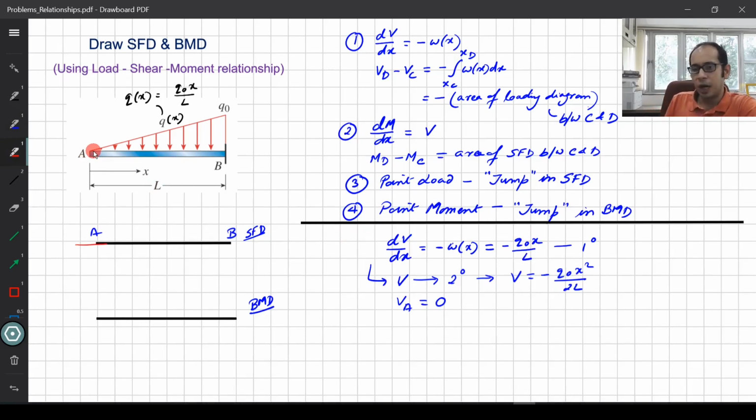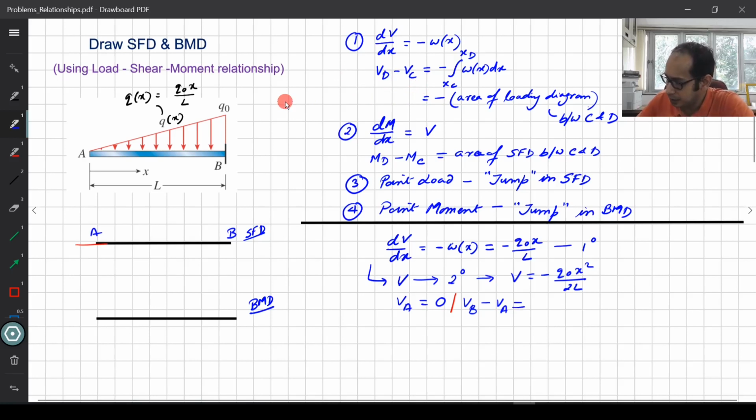Now what is going to be the value of the shear at the point B? How do I find it? Same, we can use this relationship which we have. VB minus VA is going to be equal to the negative of the area of the loading diagram between those 2 points.